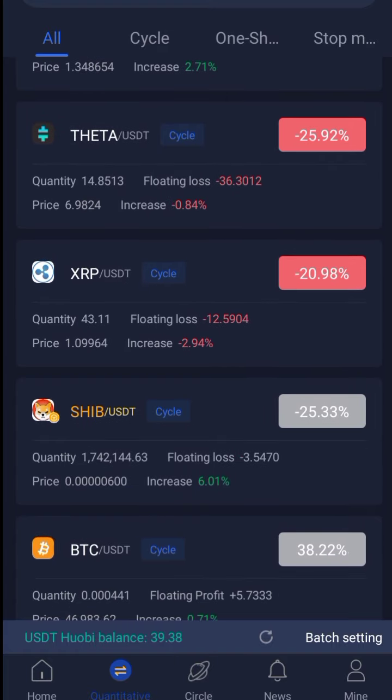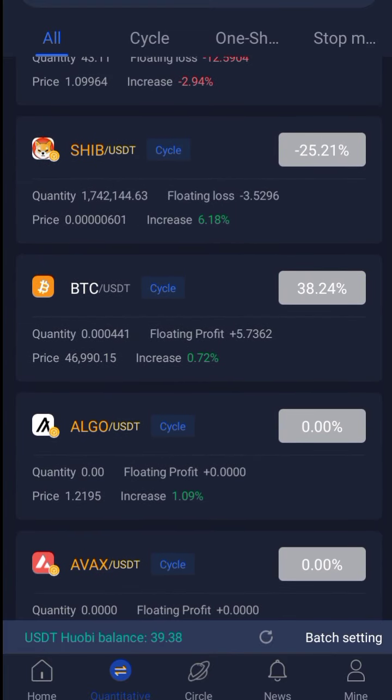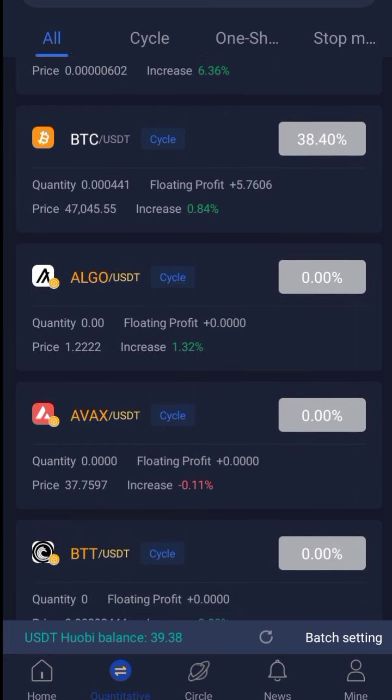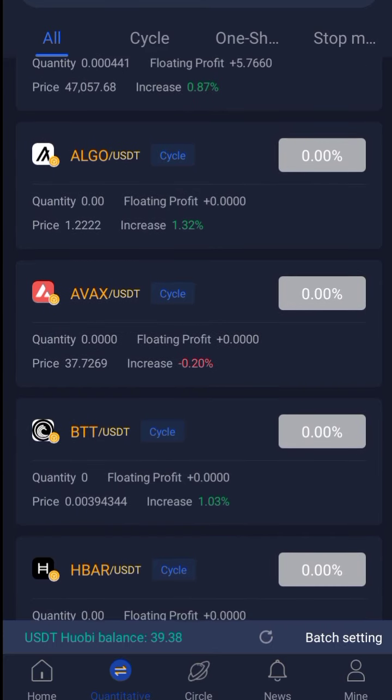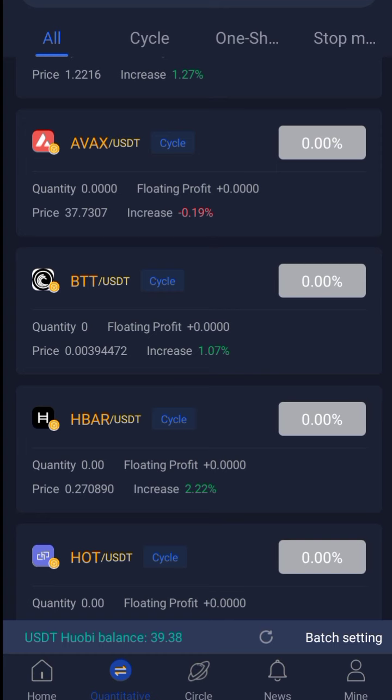The benefit of the app is that it monitors market movement, buying and selling as the coin moves very quickly up and down. It is buying and selling for you and making your profit. So we are going to pick the BTT.